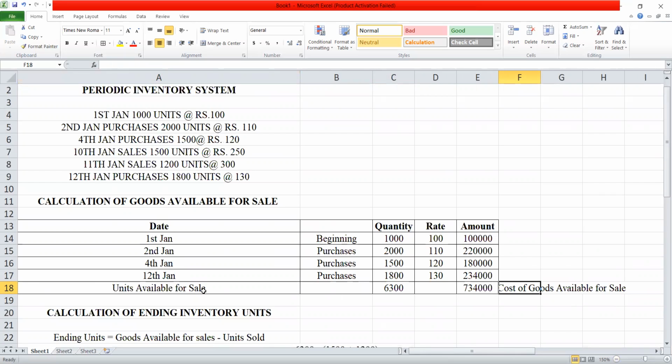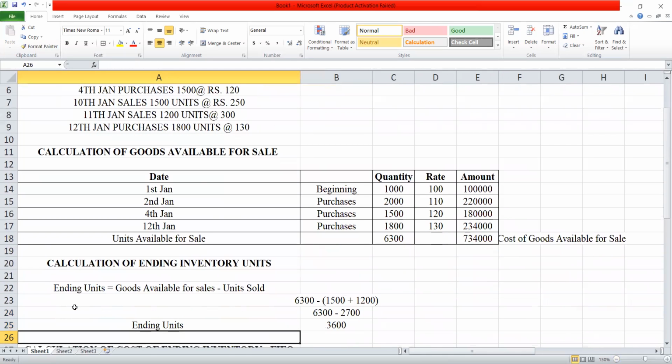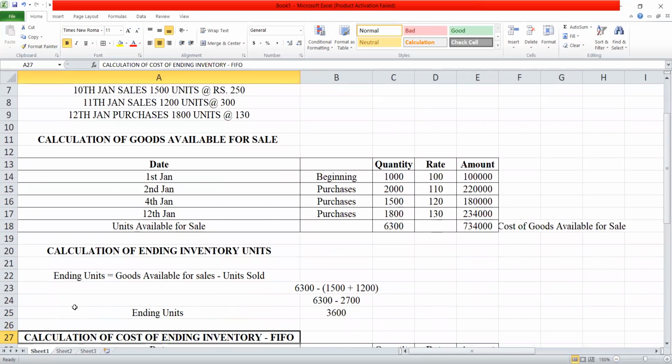Now the second step is calculation of ending inventory units. The formula of ending inventory units is units available for sale minus units sold. So how many units are available for sale? That is 6300, a value you got from step one, minus units sold.